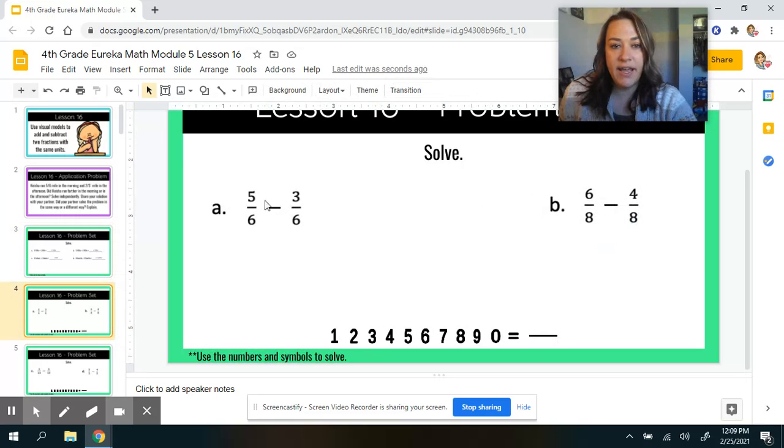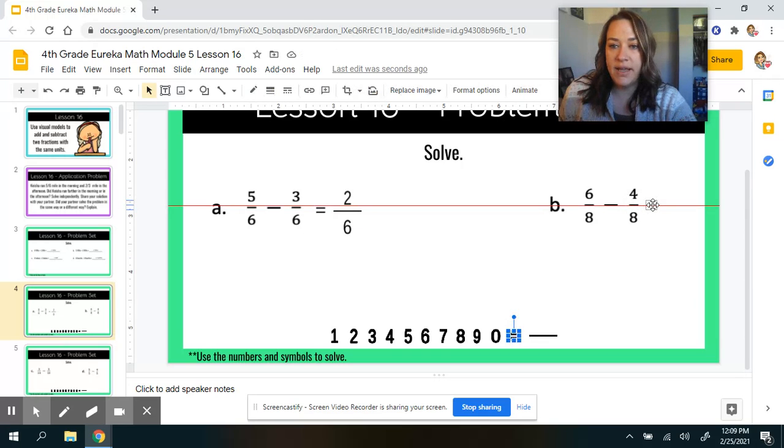All right, so we've got 5/6 minus 3/6. I already know that I'm working with sixths, so I can put my denominator as 6 and then subtract my numerators. 5 minus 3 gives me 2. My answer is 2/6. Next, 6/8 minus 4/8. We can set it up.